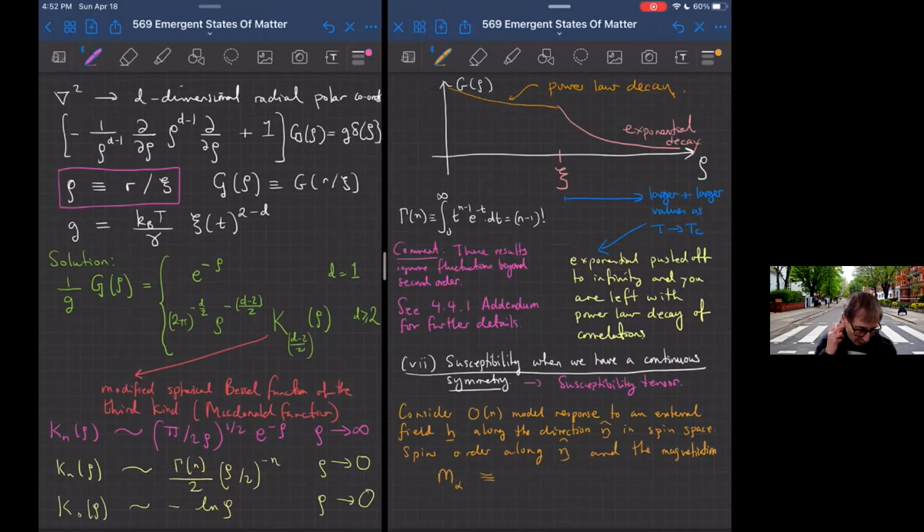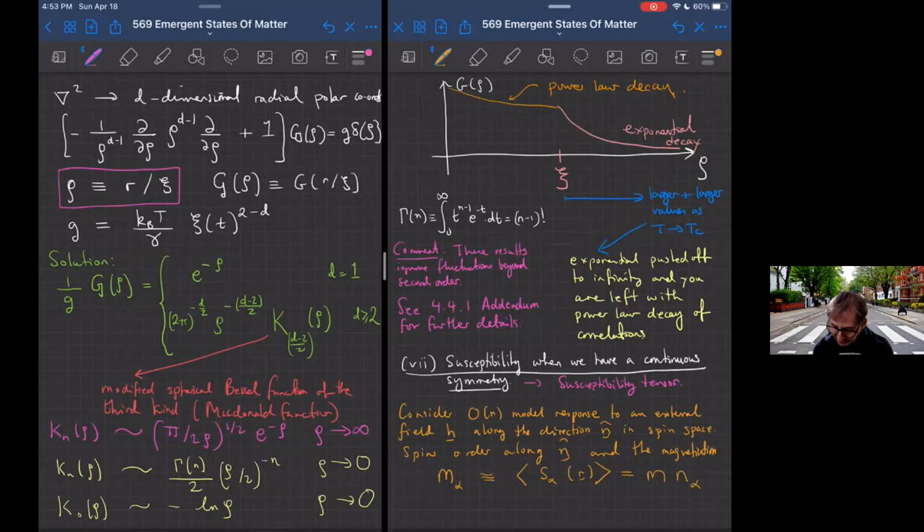So alpha goes from 1 to n, and that is the expectation value of our order parameter field S alpha as a function of space, and that is going to be some magnitude n along the direction n alpha.